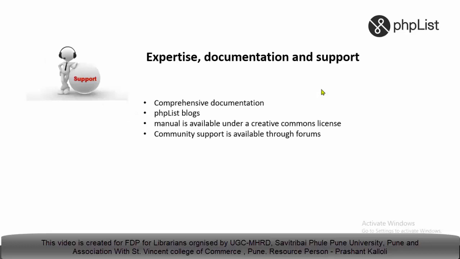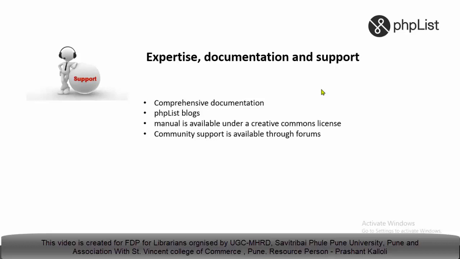Another feature: expertise, documentation and support. PHPList has comprehensive and up-to-date documentation. There is also an updated PHPList blog that describes the new features and tips and tricks for better processes. You can go and see all the blog posts and get recent information on PHPList.